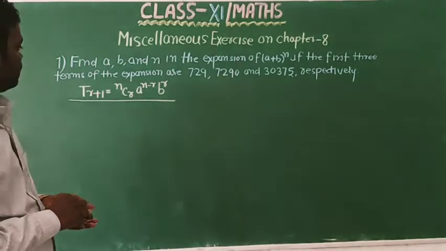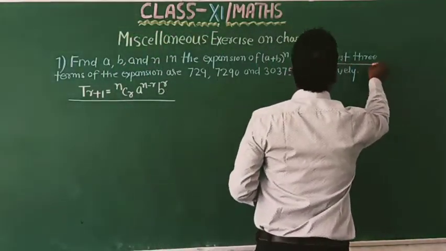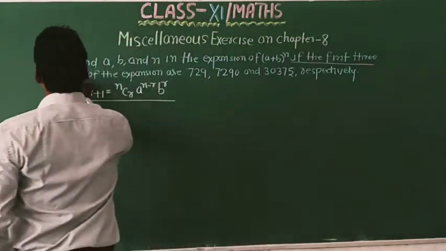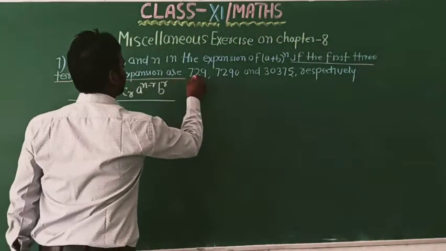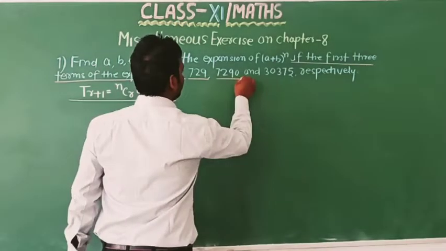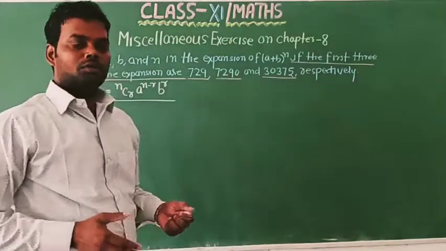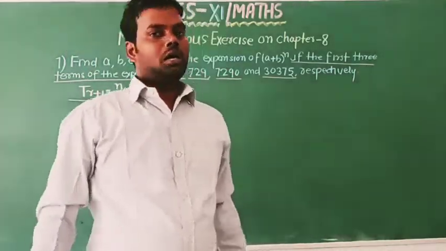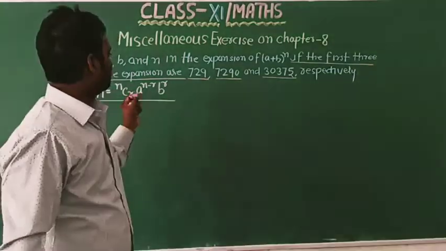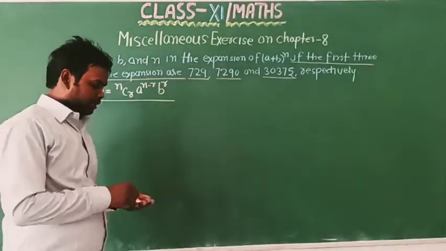But in the question, the first three terms of the expansion are given as 729, 7290 and 30,375. So first I will find the first, second and third term.